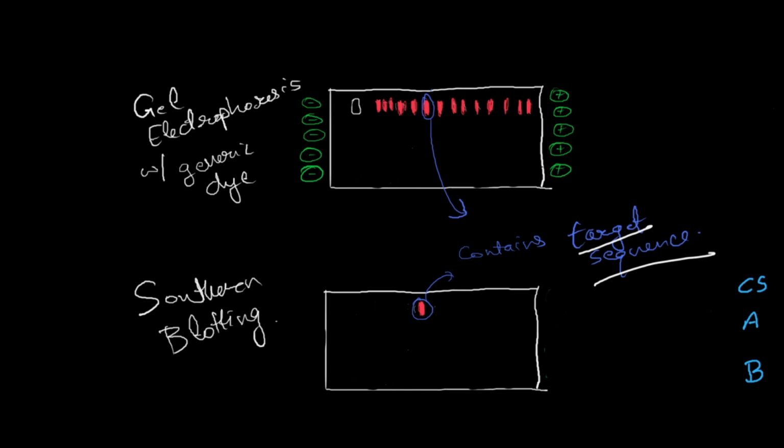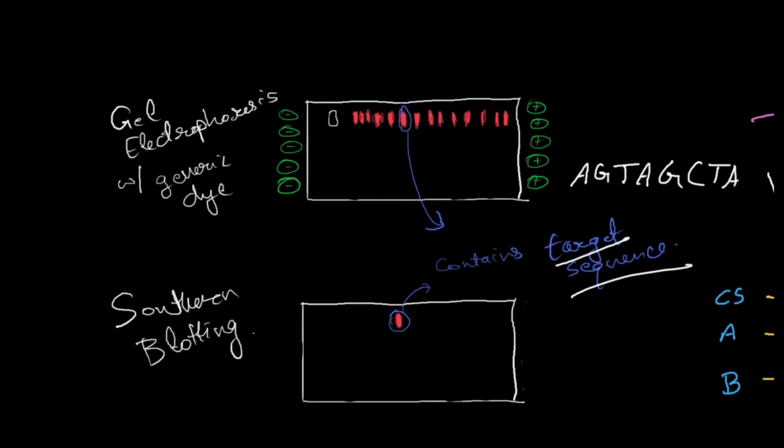Now keep in mind, this target sequence can be anything. It can be any sequence that you know of. So as an experimenter, you might decide that you want to visualize any fragments with, say, this sequence. And there is a way to very specifically add fluorescence to a DNA fragment that contains this sequence.